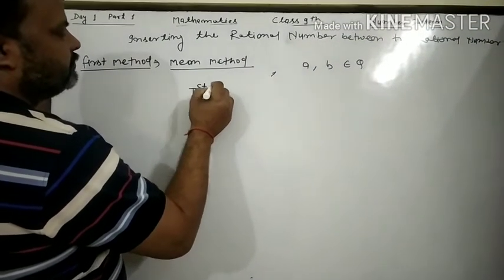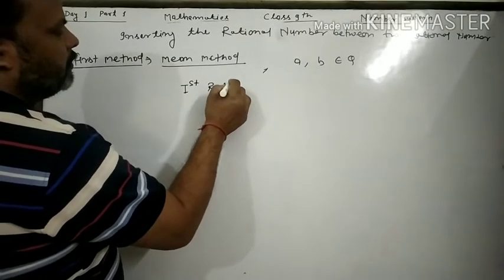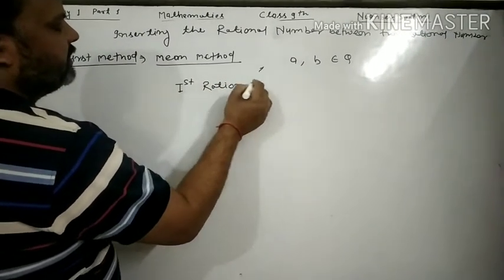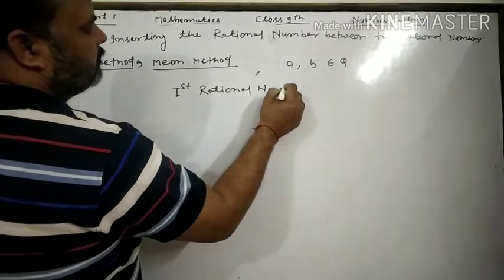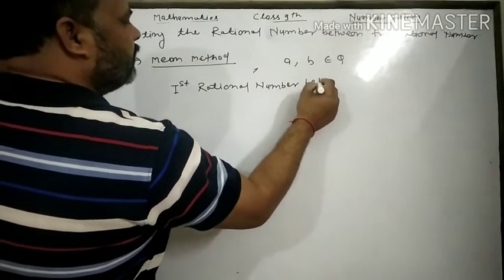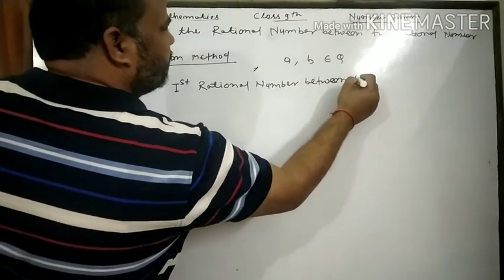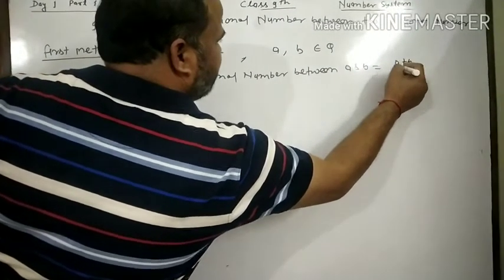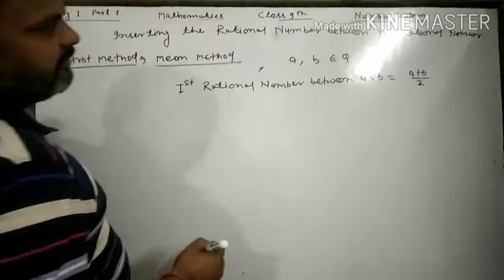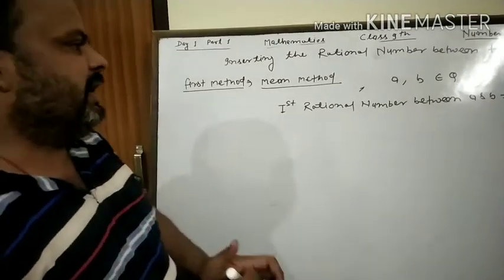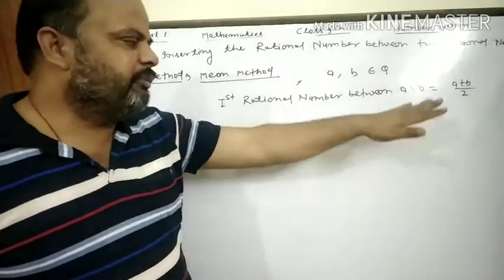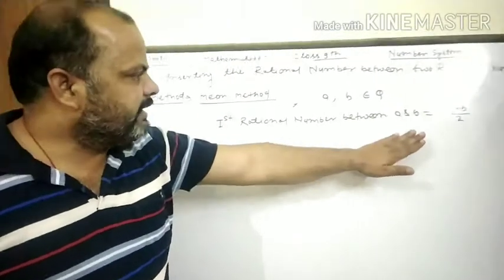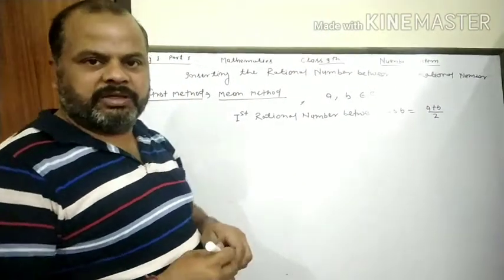Then the first rational number between A and B is equal to A plus B by 2, and it is the formula for the mean. That's why we call it the mean method. It is not given in the book, but I can say it is the mean method.